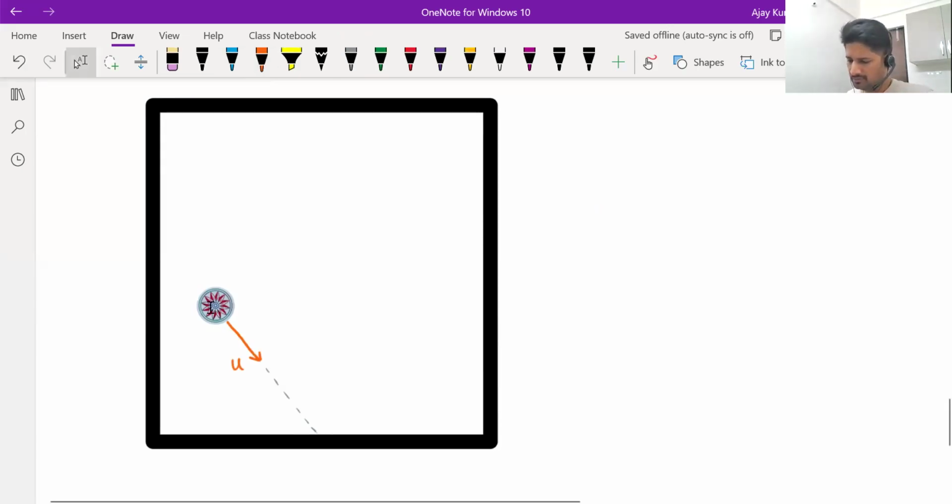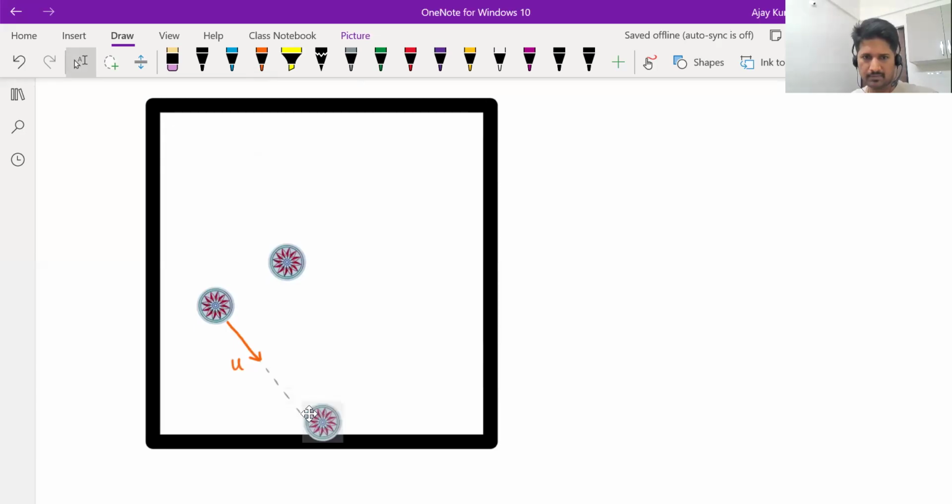Now, the moment it comes into contact with the frame, if you visualize, the striker will be here. Let me adjust this. Situation will be like this. The striker will be here, maybe slightly to the left, somewhat like this.